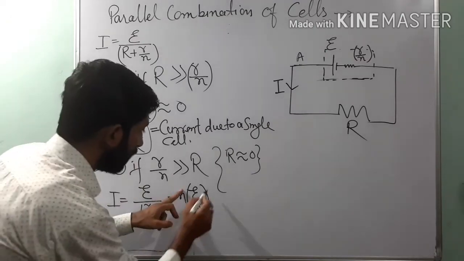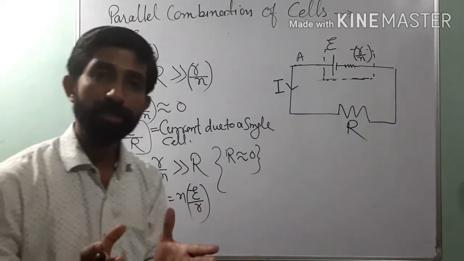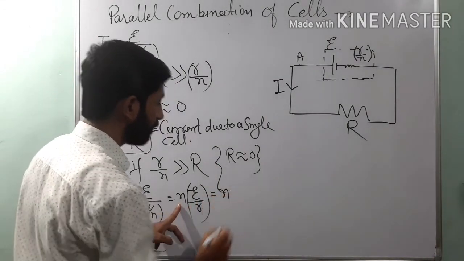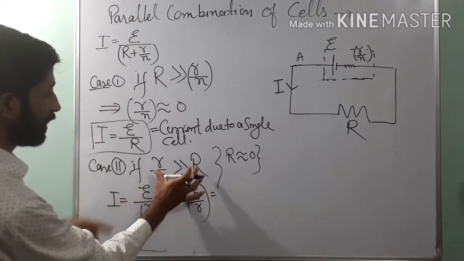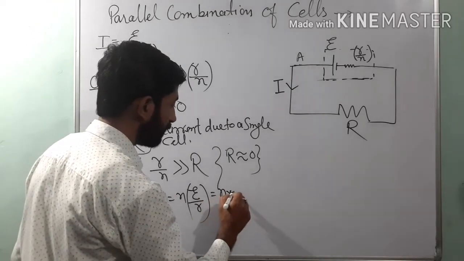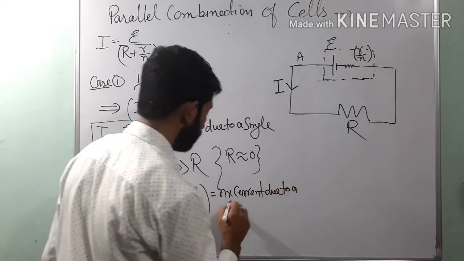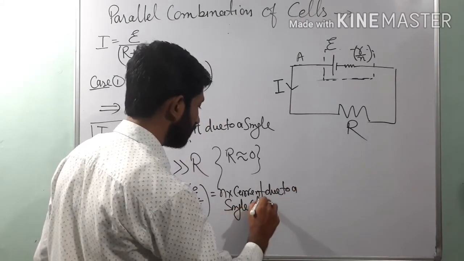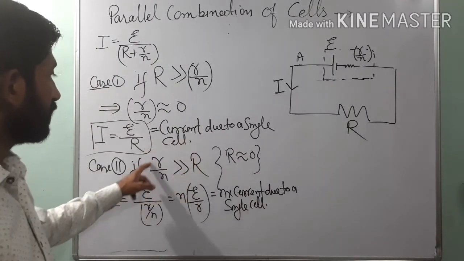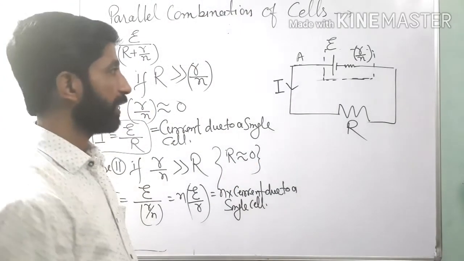This term is the current provided by a single cell, and we have connected N number of cells. So this is the current due to N number of cells. Under this condition, we get the maximum value of current, that is N multiplied by the current due to a single cell.